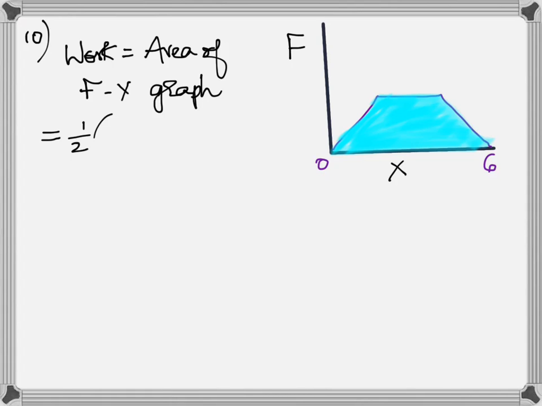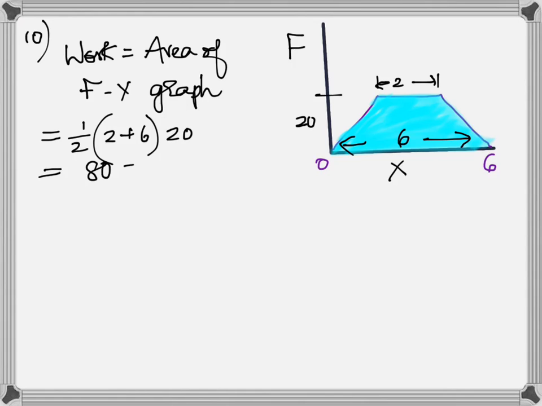So the distance is 2, isn't it? So you take 1/2 times... oh, I was marking that, 6 and 2. 1/2 times the sum of the two bases, that is the parallel sides, 1/2 times (2 plus 6) times the height. Can you see that the height is 20? That's all. So you get it in one step.